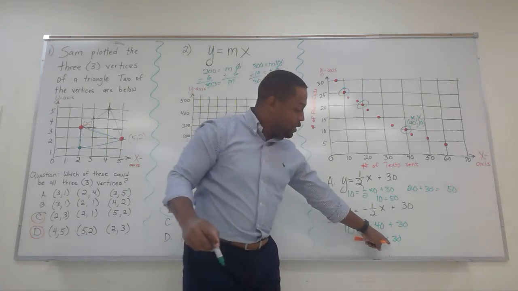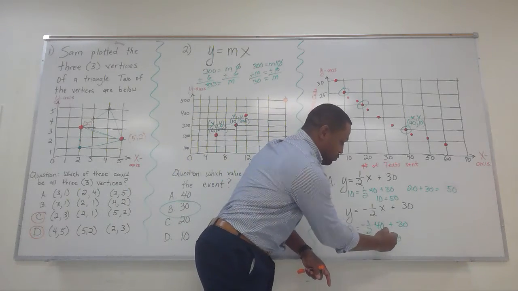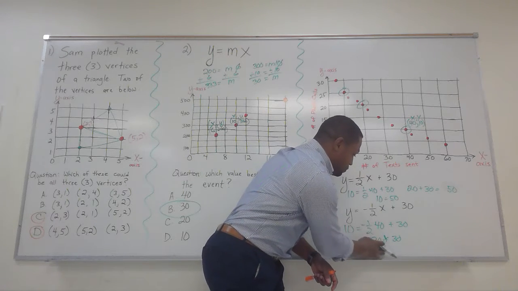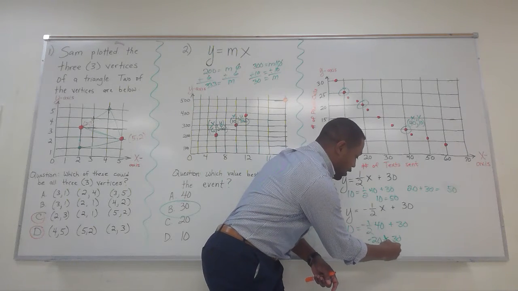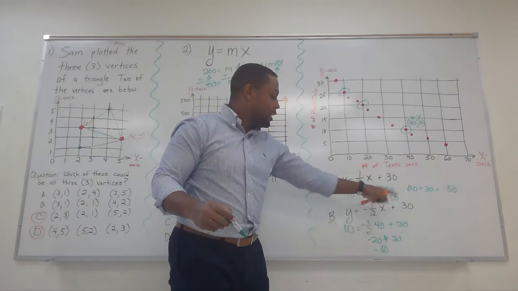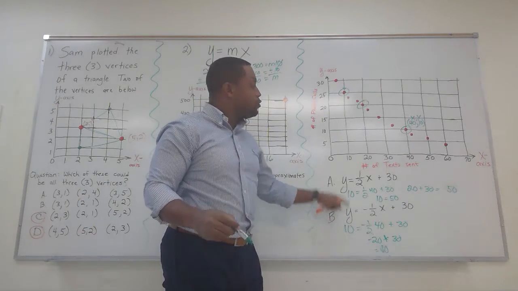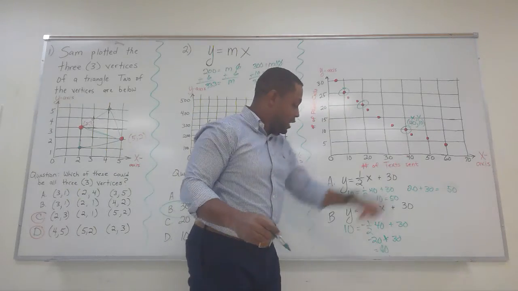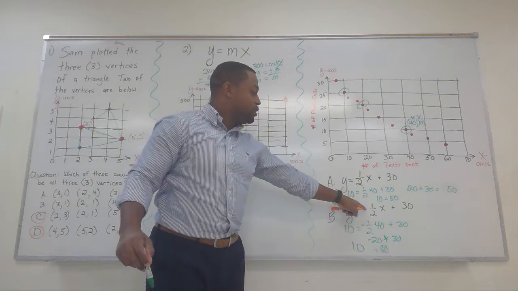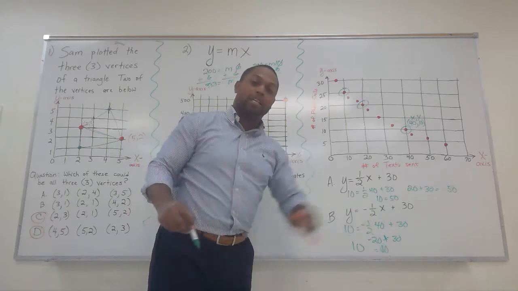Well, negative 20 plus 30, this is an addition sign, that actually is 10. All right, so we have found the linear equation that's telling the truth about what's happening here. And that is Y equals negative 1/2 X plus 30.